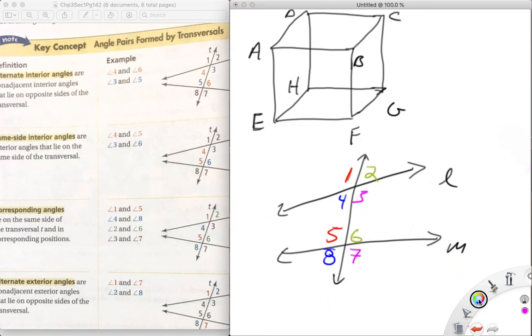So here's the thing about corresponding angles. I always put it in 4 categories. So I have TL, which means top left.